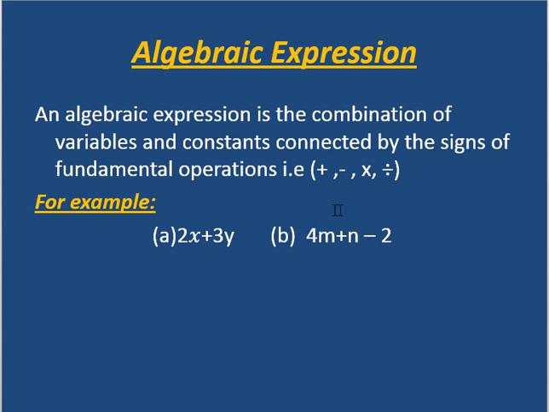So this is an algebraic expression because it is a combination of constants, variables and fundamental operations. Similarly, here we have coefficients, variables and basic operation of addition, so it is also an expression.